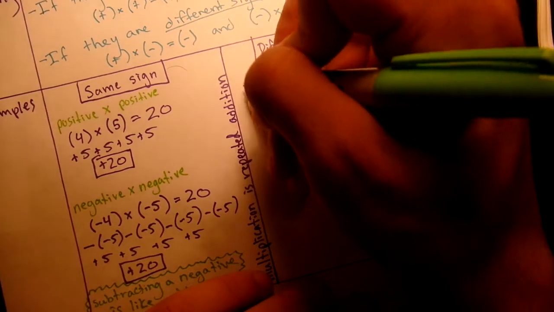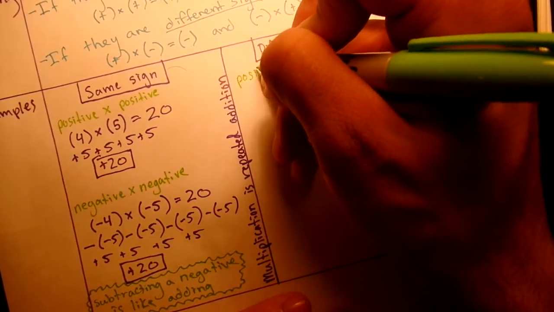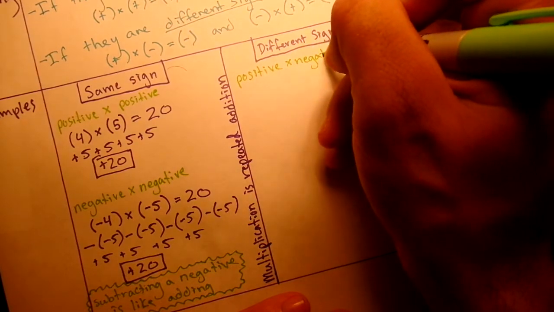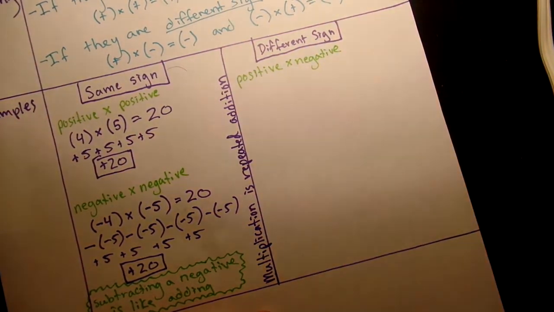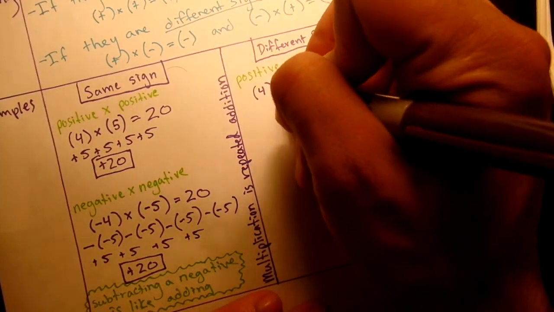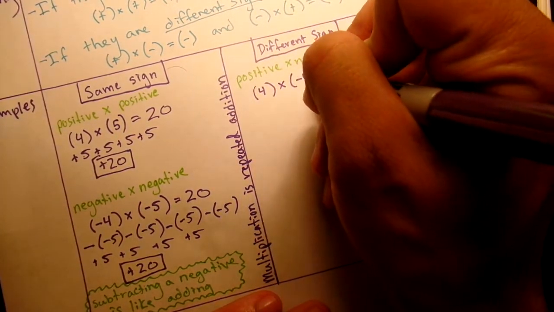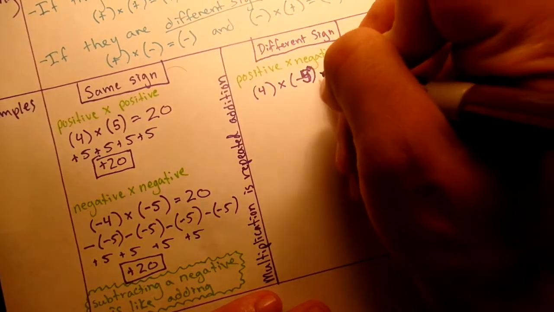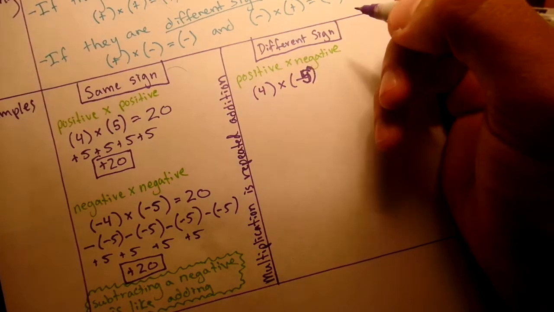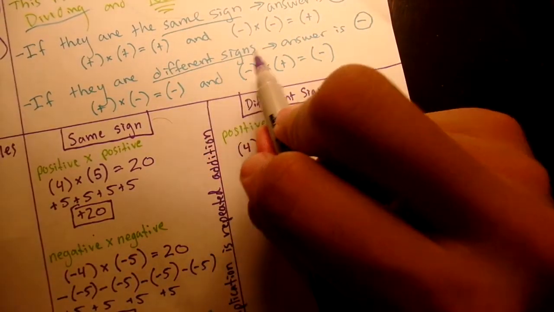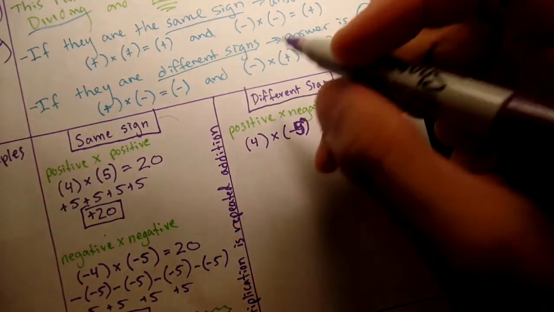Okay, so let's do positive times negative. So we have a positive 4 times a negative 5. Now, if we look up here, it says the answer, since they're different signs, should be negative. Let's check it.